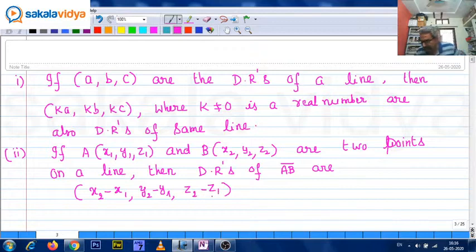So we can find out the direction ratios of the line.